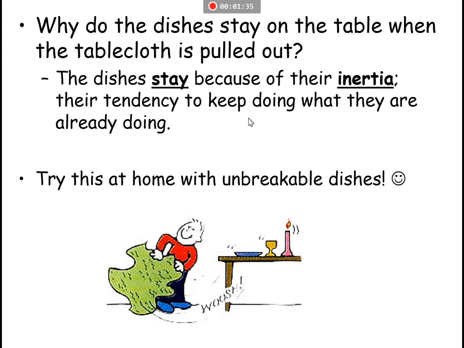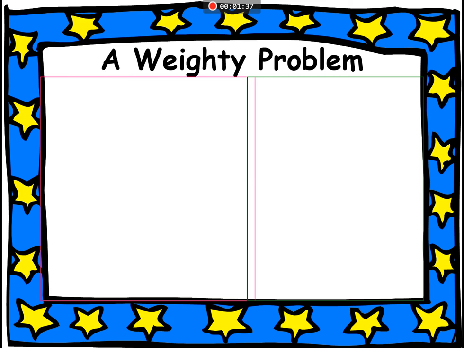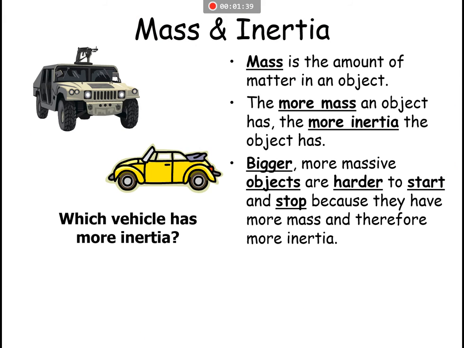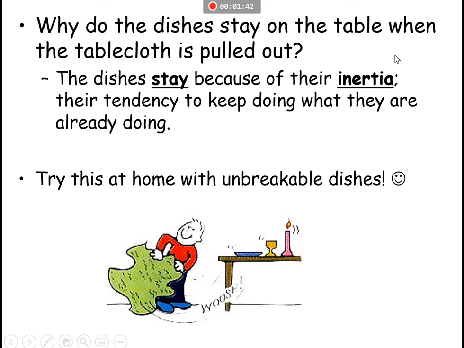Why do the dishes stay on the table when the tablecloth is pulled out? Just imagine, when we pull the tablecloth, the dishes are still there on the table because of their inertia.